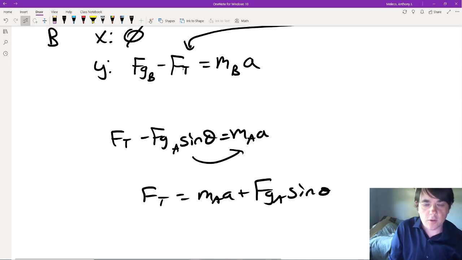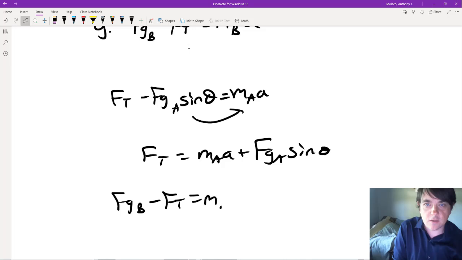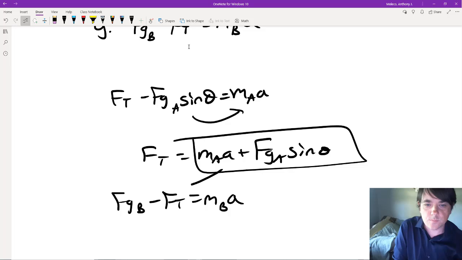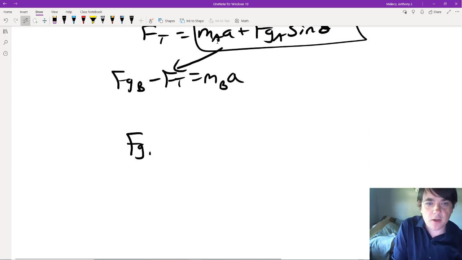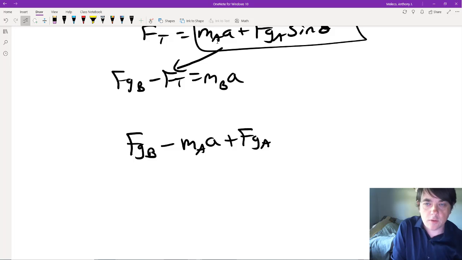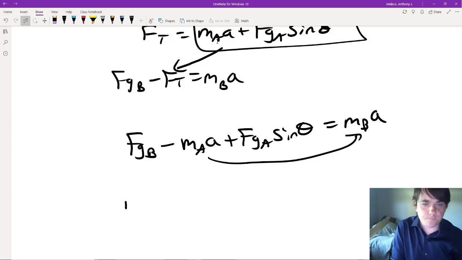And then we're going to move this, so now we have F_GB minus F_T equals m_B a. So we're going to take this, plug it in there, and solve for a. All these multi-body problems kind of work similarly: solve for tension in one, and then you plug in to solve for acceleration in the other.